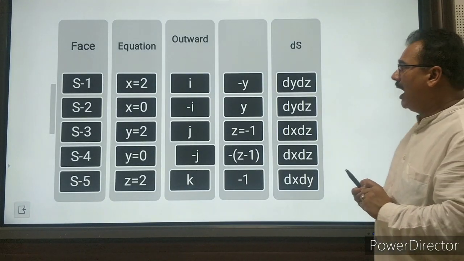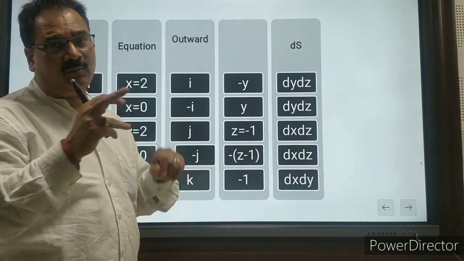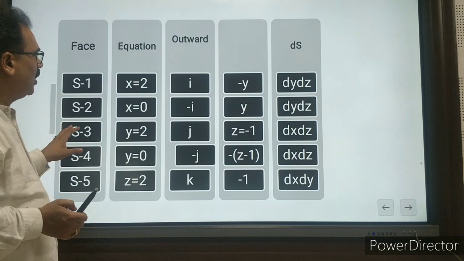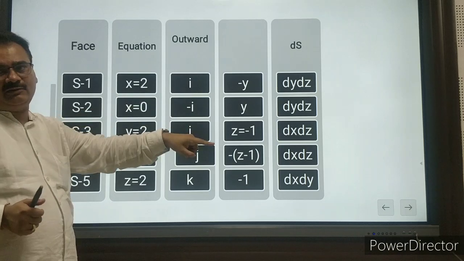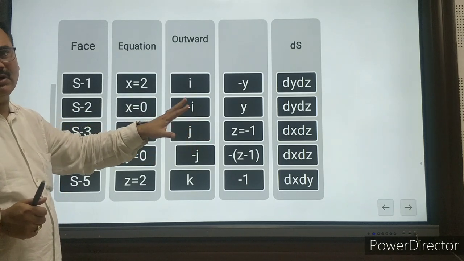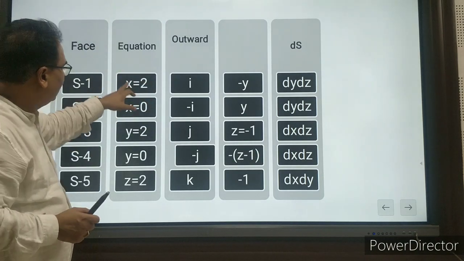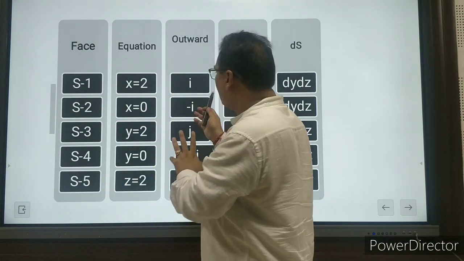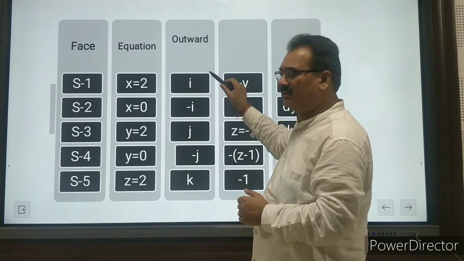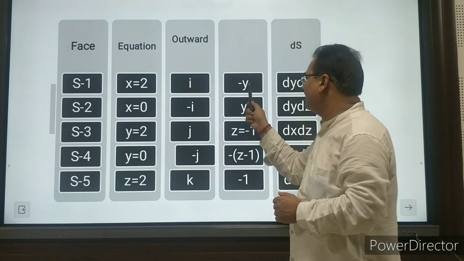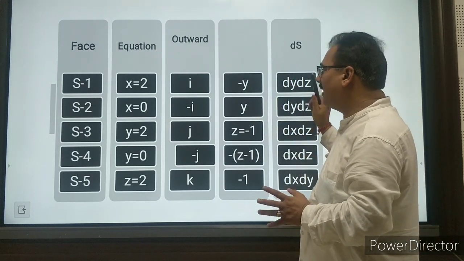Now you have to calculate all these parameters in a tabular form. I have made this tabular form as I discussed in green also. The face S1 stands for the face I have shown you in the diagram. The equation, already given, is x equal to 2, and the outward direction for that surface is along x, that is vector i. Then minus y, and the value of dS is dy dz.